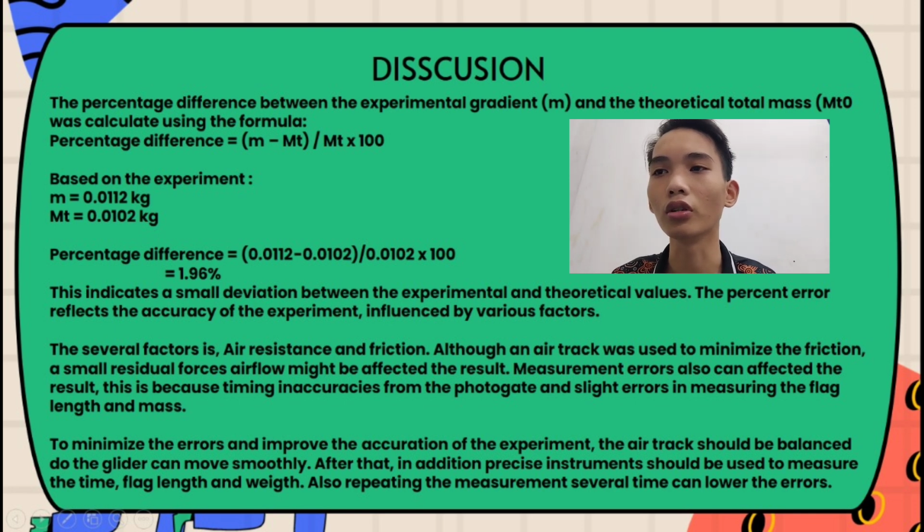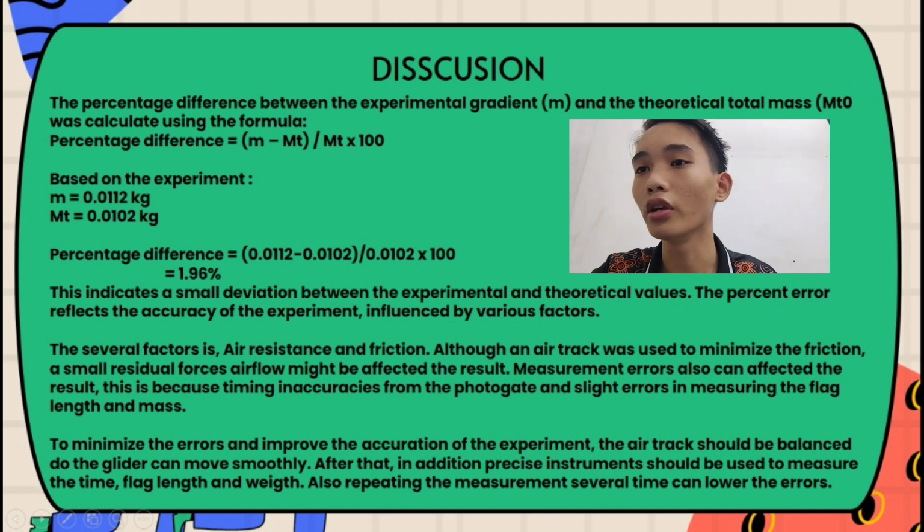Percentage difference equals 0.0112 minus 0.0102 divided by 0.0102 times 100, which equals 1.96%. This indicates a small deviation between the experimental and theoretical values.